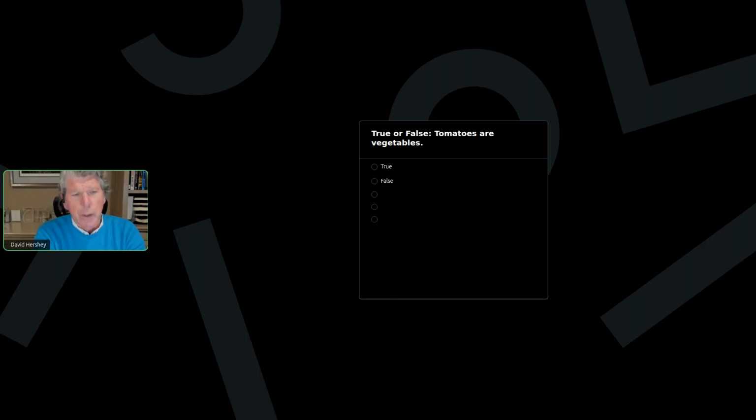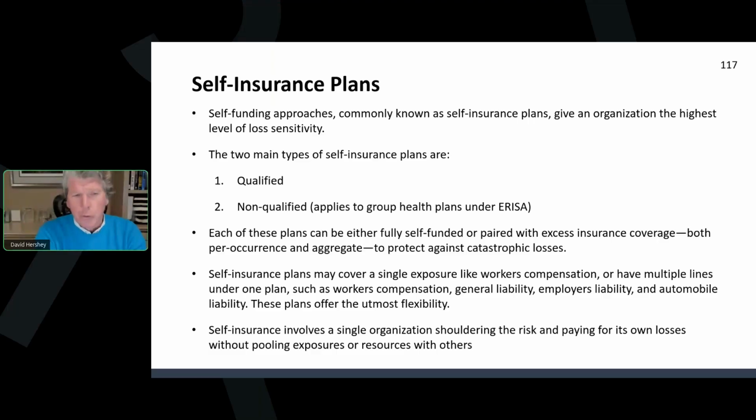Recognize, though, if you are self-insured, you have to get a permit in the states in which you are operating as a qualified self-insurer. So if you're in, as an example, 30 states, most companies, in fact, are not self-insured in all 30 states, because you are looking at essentially a full-time department doing all of the paperwork to get your permits renewed every single year in each of those states.